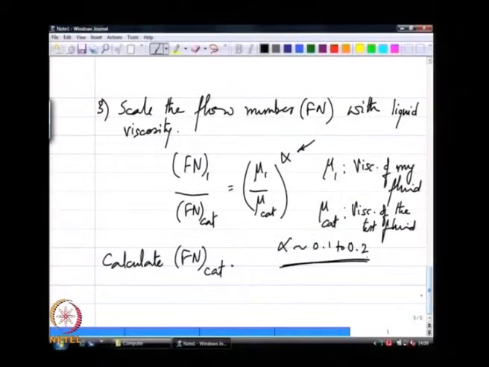So, if the catalog does not already have it, you can call the manufacturer and they are usually happy to give you this number, but if you are at a loss, a number like 0.15 is reasonably accurate. Okay. So, you can now get the flow number for the catalog for your actual nozzle. Now, this is sufficient to get started.